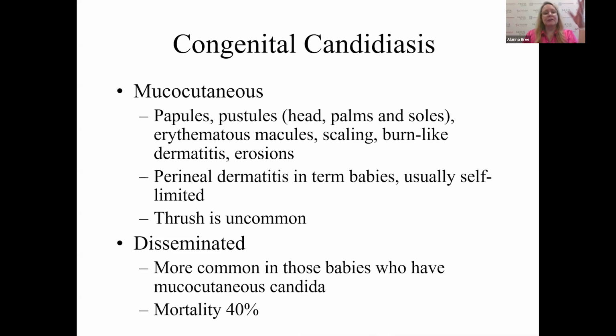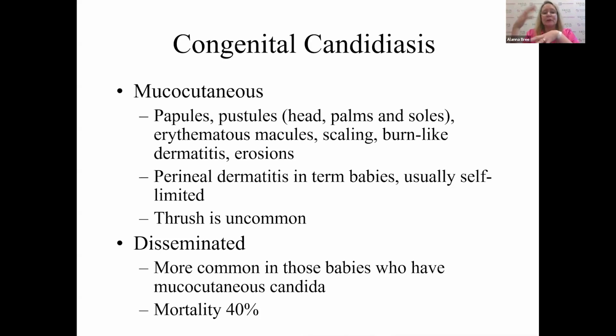So congenital candidiasis mucocutaneously will present with papules, can present with pustules that do involve the hands, the head, the palms, and the soles. They're erythematous macules that lead to scaling, and then they get this burn-like dermatitis that's been referred to as excoriations in the literature, and then also progress to erosions.